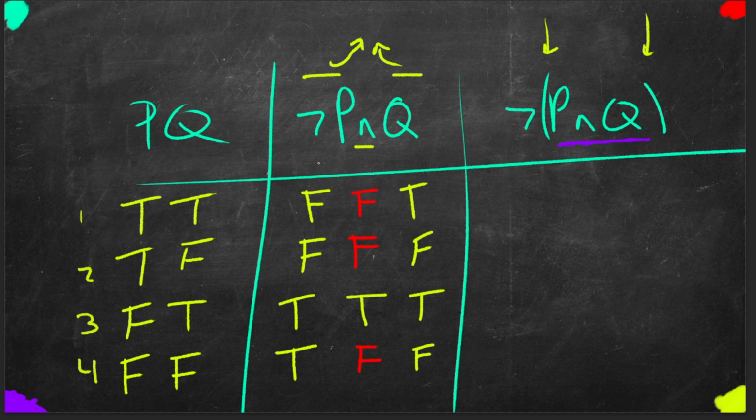So to contrast the two formulas, in this first formula, not P and Q, not P has what's called narrow scope. It only applies to P. It's not negating the entire formula. And so when we determine the truth values of this formula, we determine the truth value of P first, then we determine the truth value of not P. In this other example here, we're first going to determine the truth value of P, Q, then P and Q, and then we'll use the truth value of this whole complex formula and run it through the negation function.